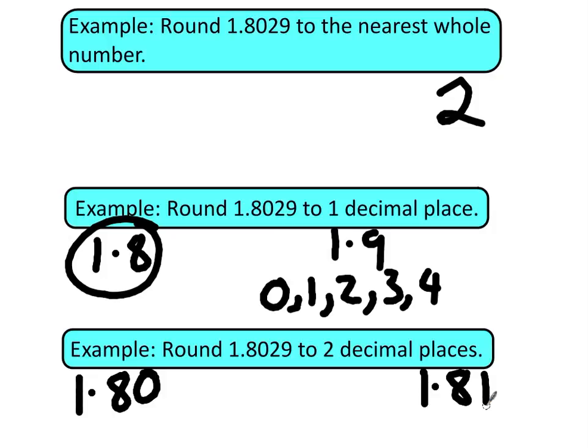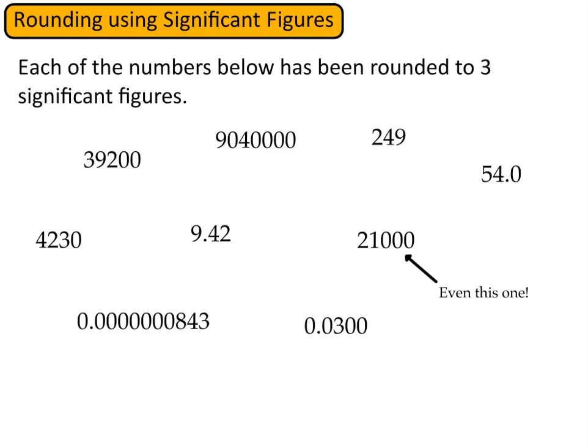Well, in this particular case, the key number is the 2, isn't it? The 2 is low. It's a 0, 1, 2, 3, or 4 like we discussed in the previous example. So we're going to round down again, and therefore the answer is 1.80.